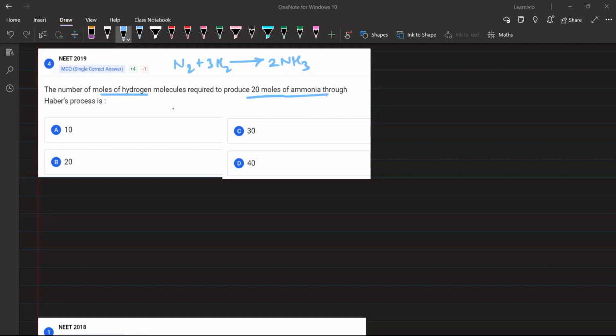The way you are going to read the question, ही आप जो जिस तरह से आप सवाल को पढ़ेंगे ना, the reaction पढ़ेंगे, तो उसी में ही आपको हो जाएगा.